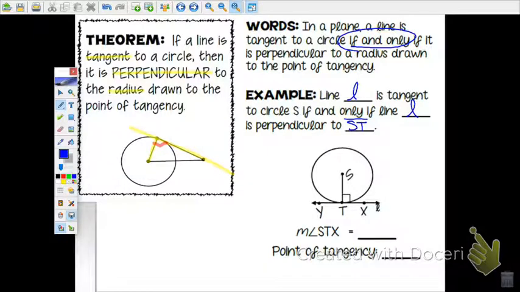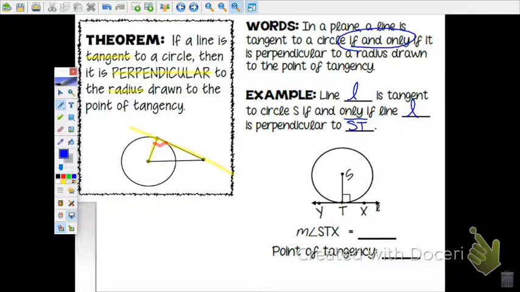Are we going to have to use that statement every time we answer that? You're not going to be writing that statement, but that's what you need to be thinking every time, okay? If the tangent and the radius are perpendicular, tangent and the radius are going to be perpendicular. Okay? So, measure of angle STX is how much when I look at my diagram?